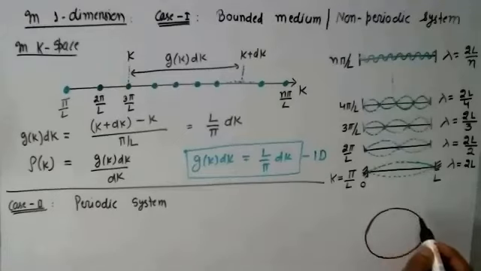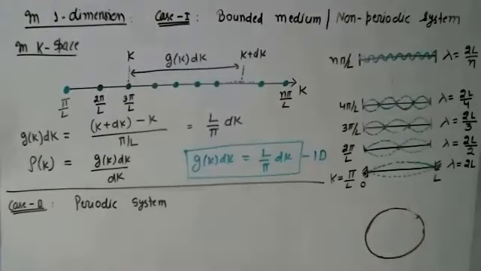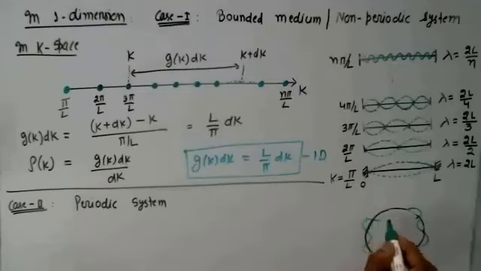And if wave is produced inside this such system, then this wave you can represent, or maybe I can use again the different color. So if wave is produced, then this wave is going to now look like this way.